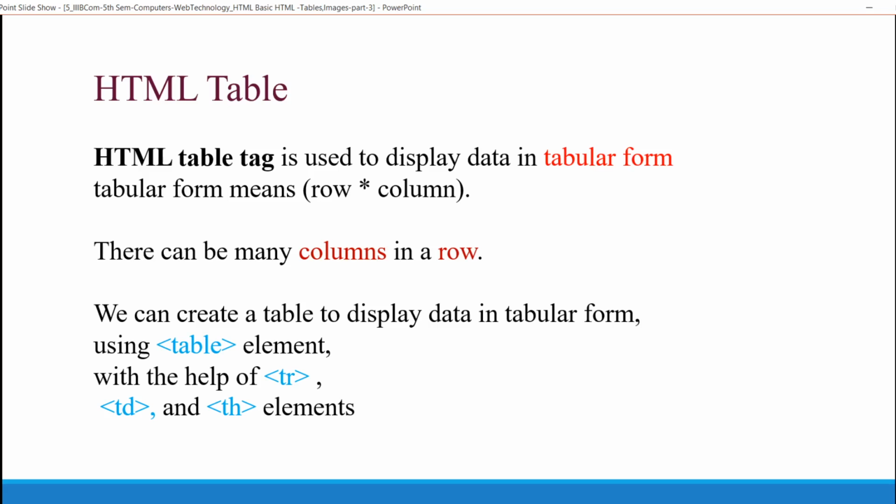What are the elements that are used for displaying data in a tabular form? Here in this HTML table, we are using table tag, row tag, cell tag, heading tag. With these tags, we can create a table to display the data in a tabular form using table tag, tr tag, td tag, and th tag.